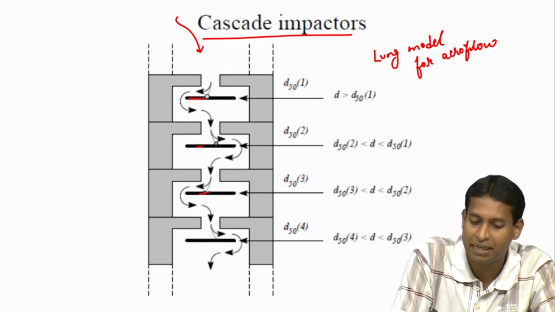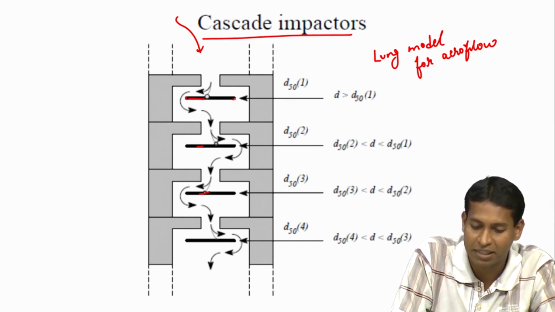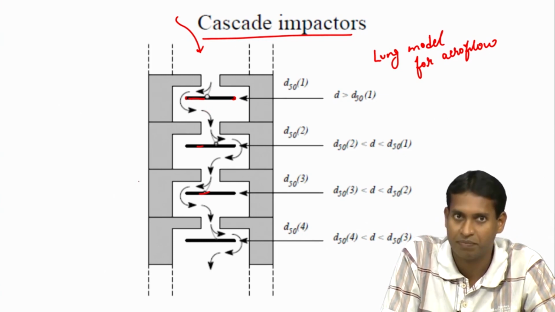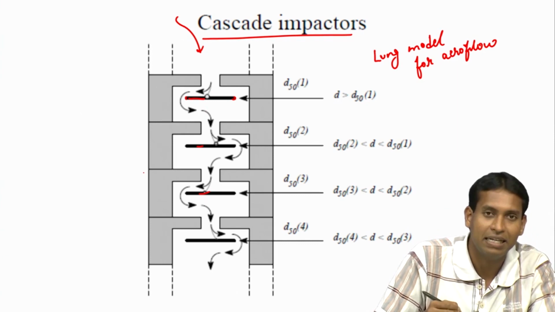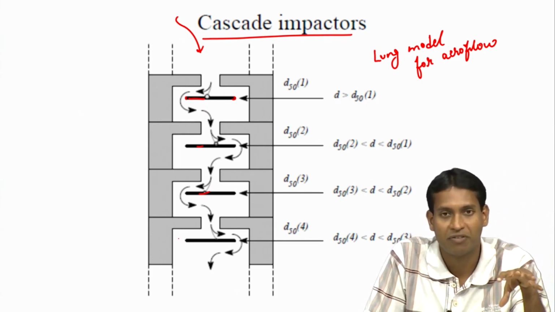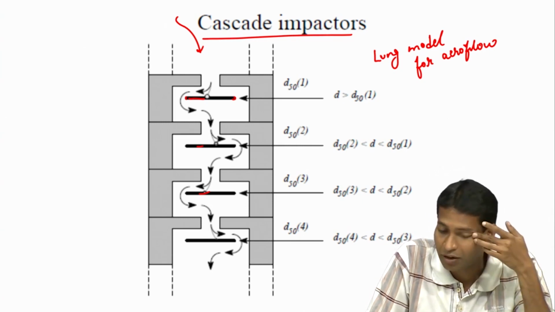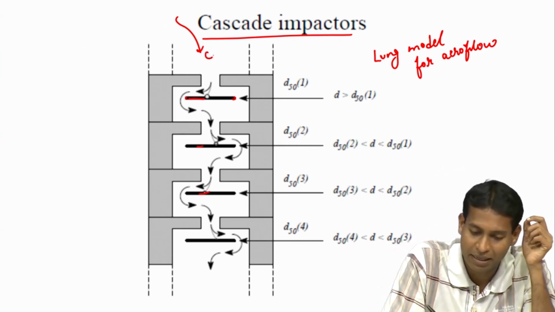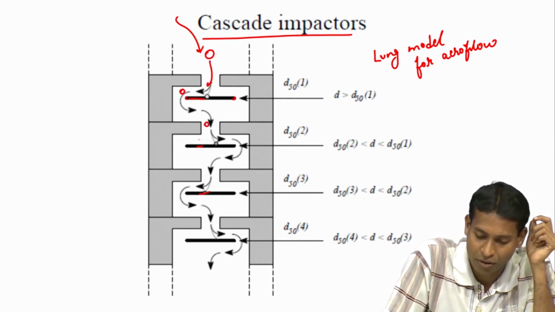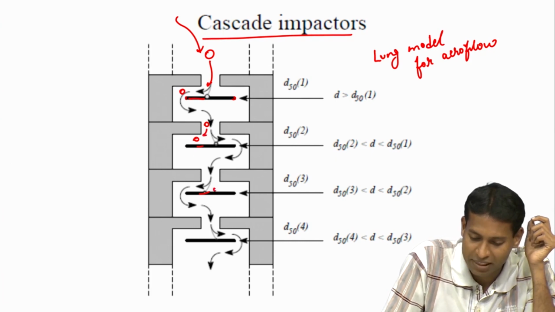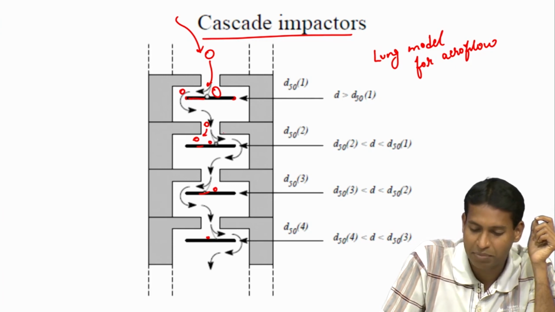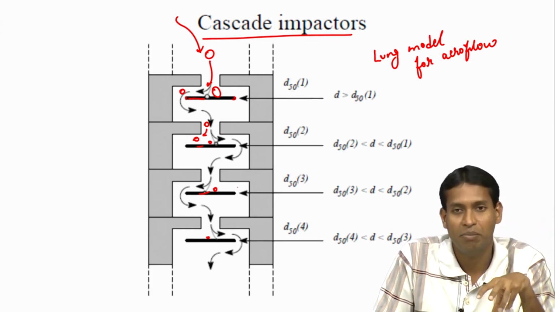This plate is coated with some sticky substance, so that whatever comes in contact with this plate gets stuck there, and it is so designed that it models each and every one of the bifurcations, trifurcations of our airways. So, what you are modeling is if something is coming and it is able to change its direction with the air and continue to go, at some point it will start depositing, and depending on where it is depositing, you can determine what is the model aerodynamic diameter.